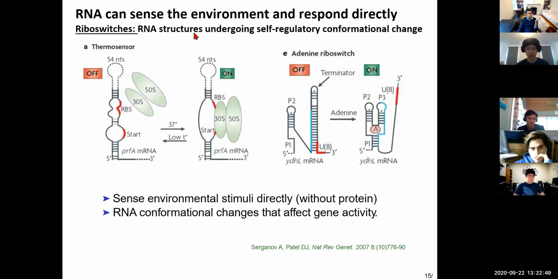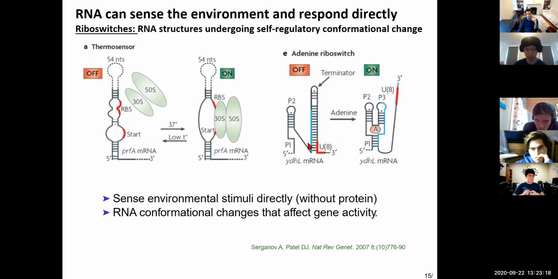These are RNA structures that undergo self-regulatory conformational change. So if one part interacts with something else, then you have a sensor for whatever that something else is, whether it's a small molecule, metabolite, and so on. You can switch between two different conformational structures, leading to, for example, the revelation of a start codon.